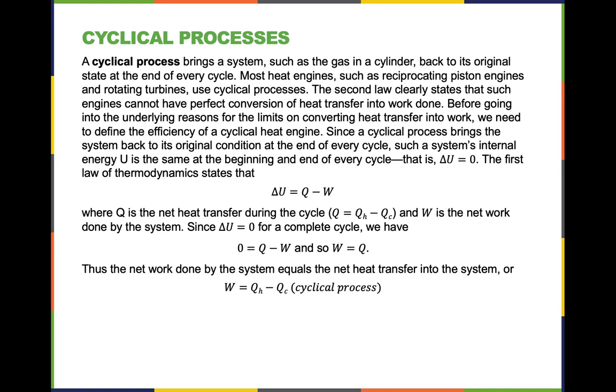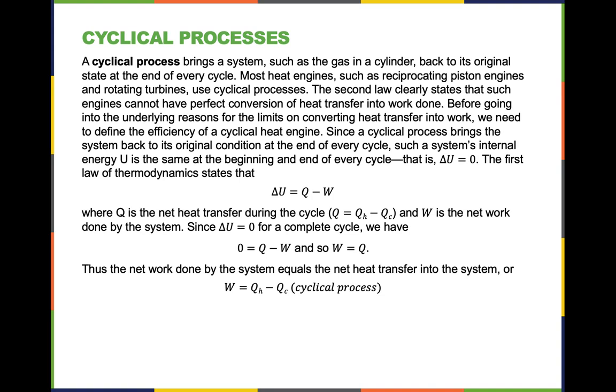Before going into underlying reasons for the limits on converting heat transfer into work, we need to define the efficiency of a cyclical heat engine. Since a cyclical process brings the system back to its original condition at the end of every cycle, the system's internal energy is the same at the beginning and end of every cycle, that is, delta U equals 0.